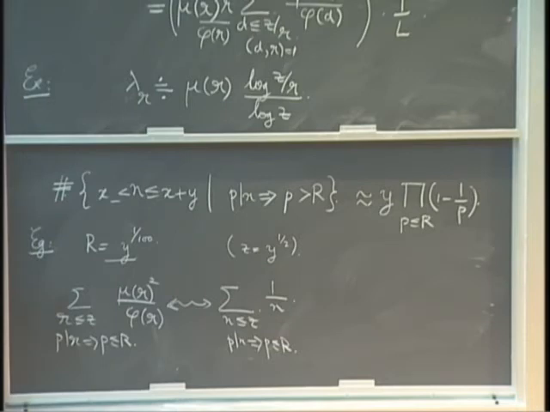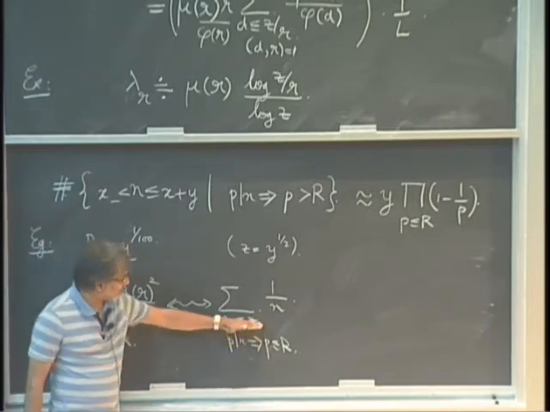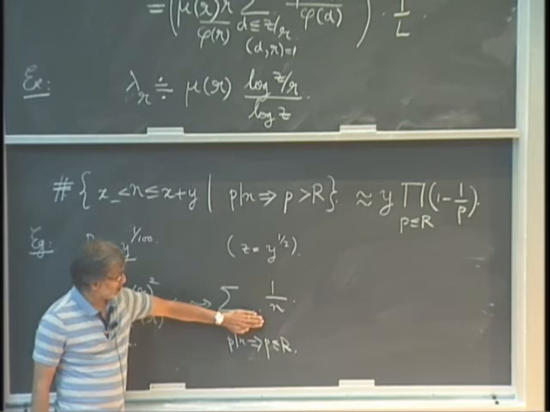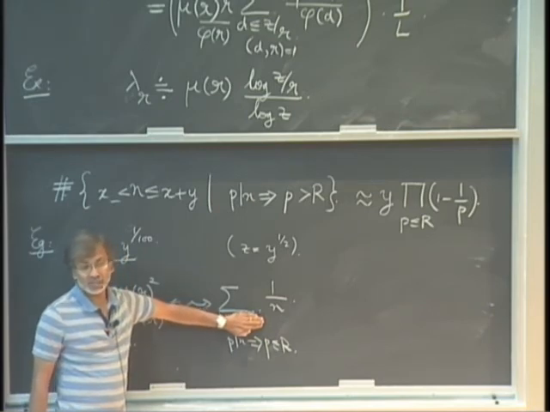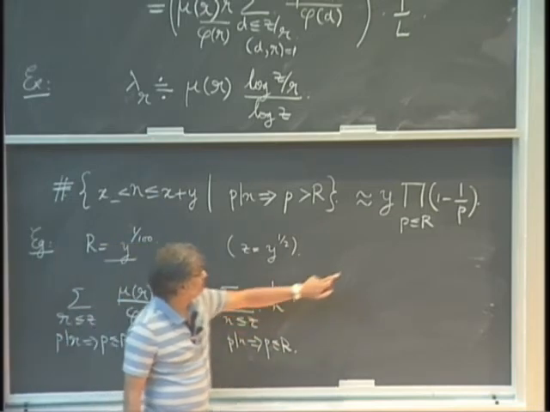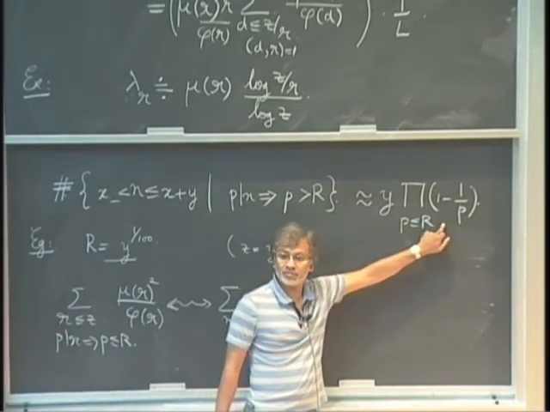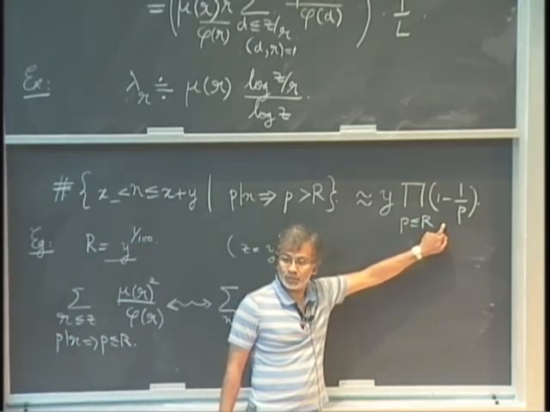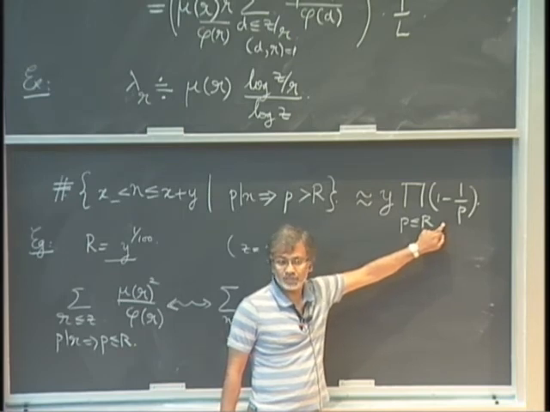Now you can see that if z is really infinity, no dependence on this, and if I just had to sum this, that would just give me the inverse of this product. So that's a good sign.